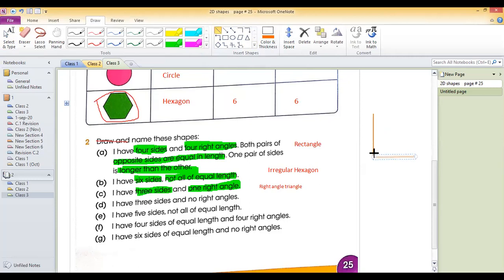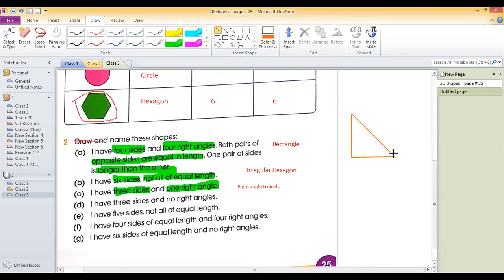This is the 90-degree angle, and one more line I will join from here to there, and that becomes a right angle triangle. You can see here how many sides, 1, 2, 3, and this is the only 90-degree angle right angle triangle.